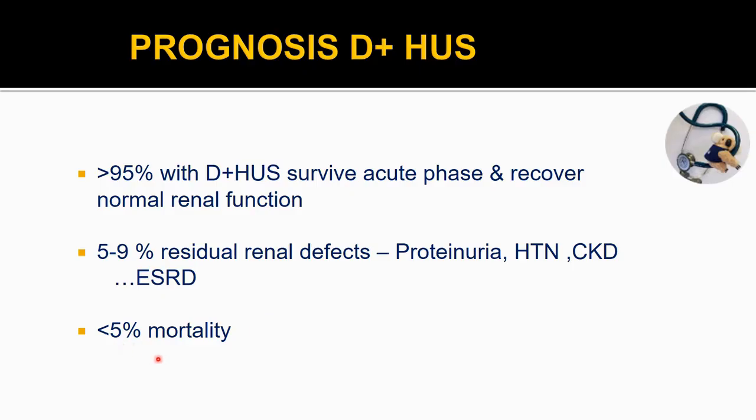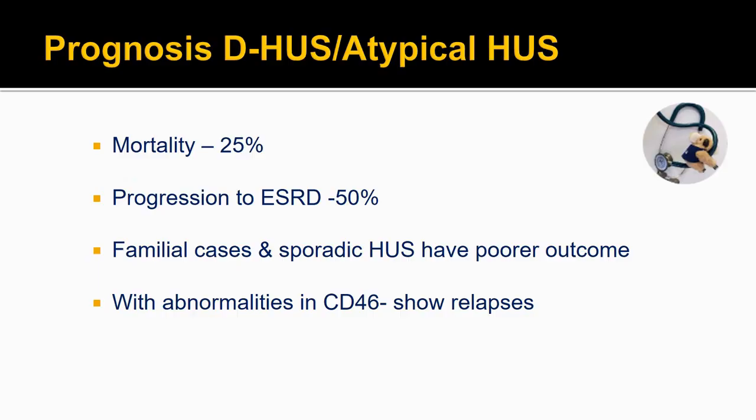And less than 5% is the mortality. Whereas atypical HUS has a worse prognosis. Here mortality is 25%, and progression to end-stage renal disease is 50%. Familial cases and sporadic HUS have a poorer outcome. With abnormalities in CD46, there are chances of more relapses.